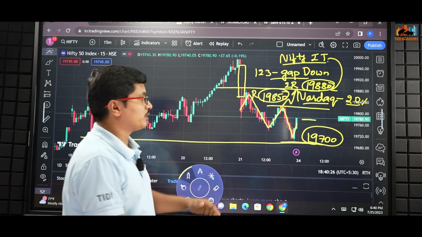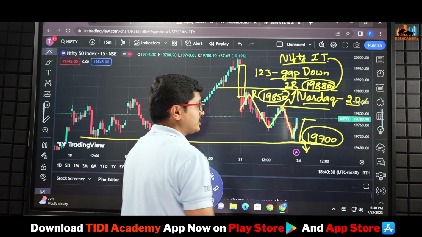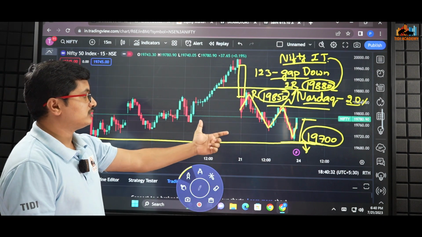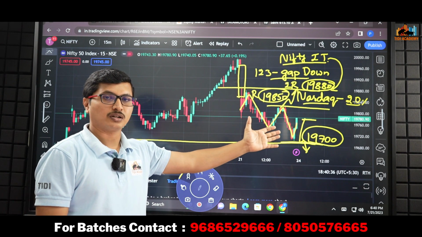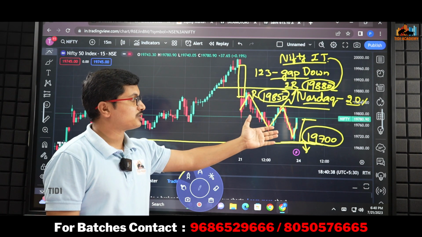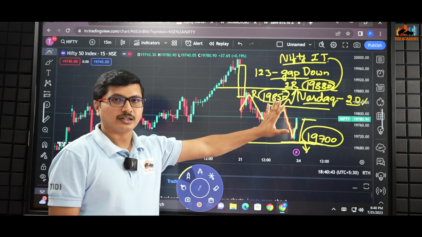Or else if it opens flat and breaks this low, we can see further downside movement. So 19,700 acts as a very important support level on Monday. We have to check where the market opens on Monday, and according to that we can take the trades.